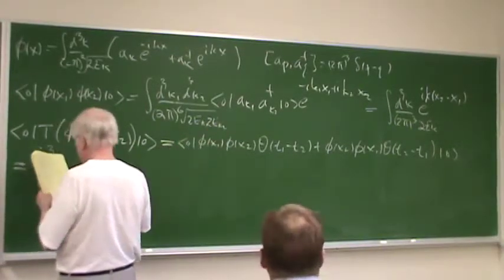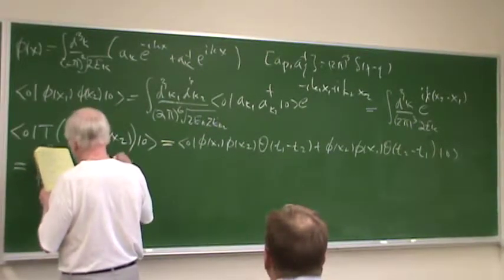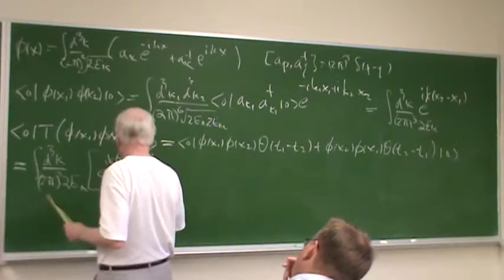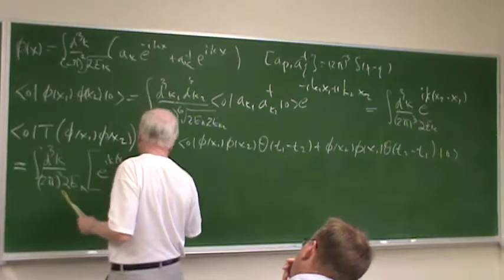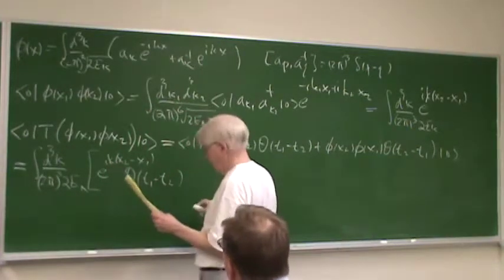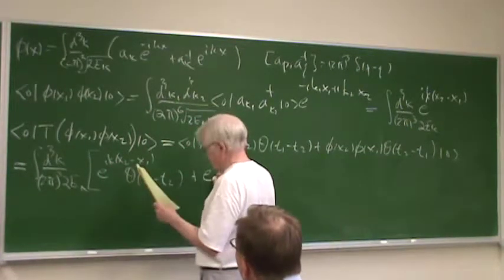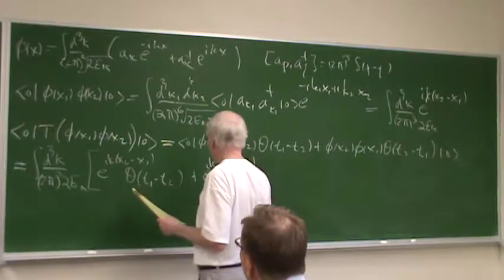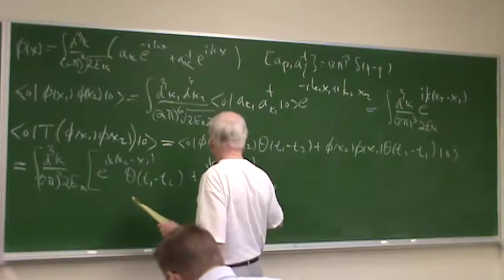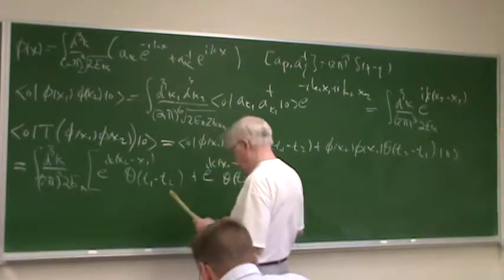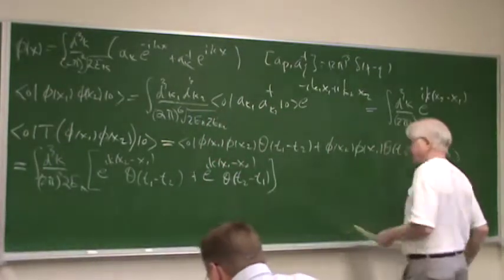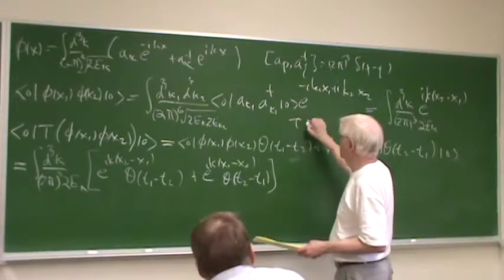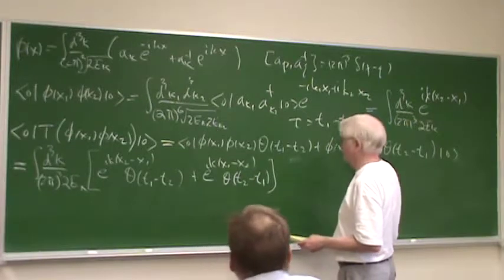That's the thing we computed there. So that was e to the i k times x2 minus x1, and this is Lorentz, and this is theta of t1 minus t2. And then we get e to the i k times x1 minus x2, theta of t2 minus t1. Okay. And we're going to let tau equal t1 minus t2.